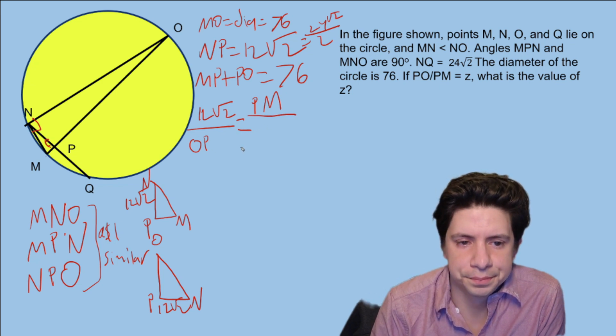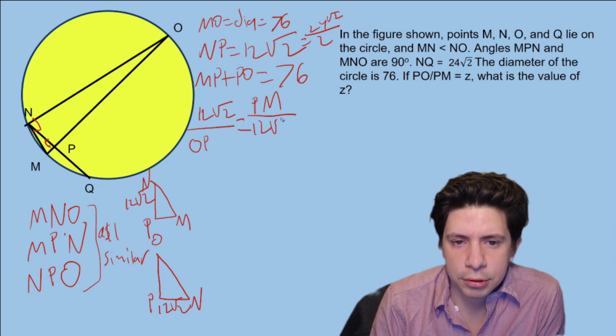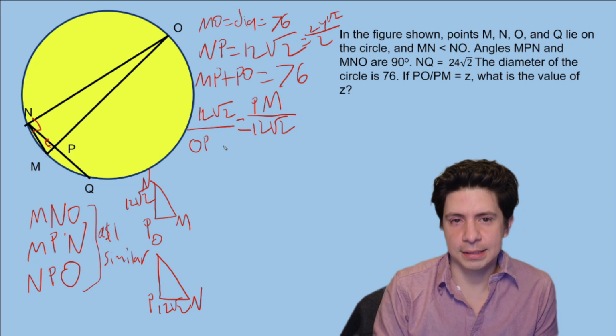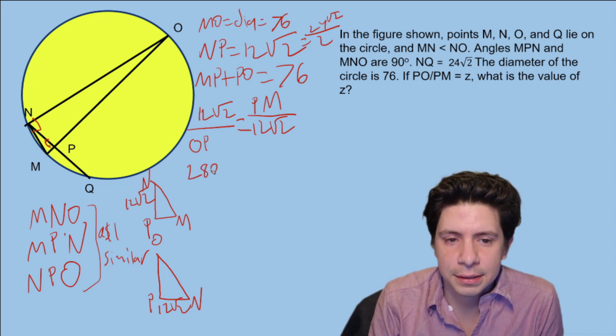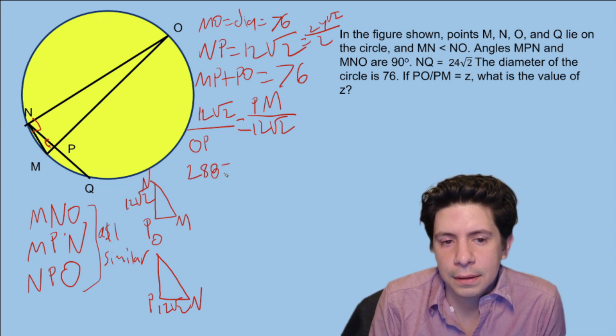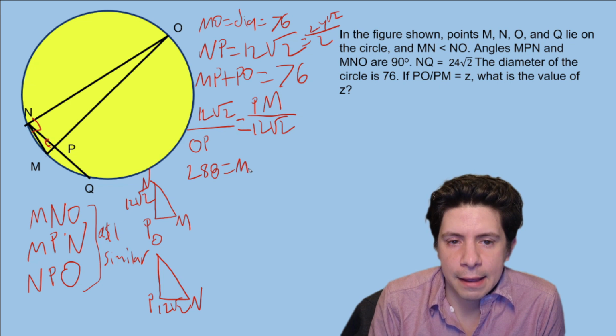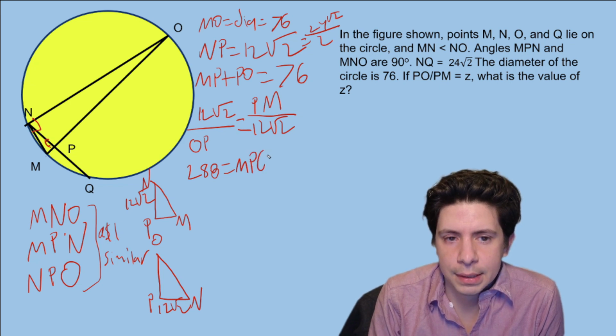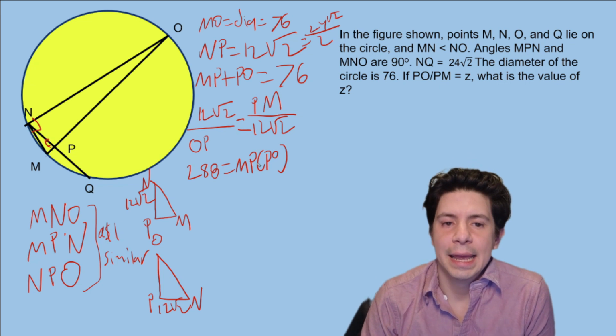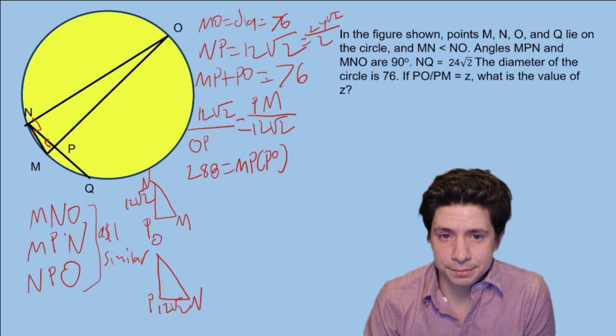Over 12 root 2. We're going to cross multiply. That's going to be 288 equals MP times PO. And those are the same thing that go here.